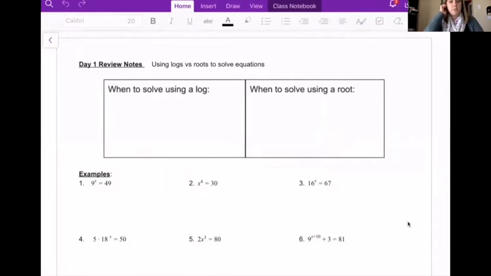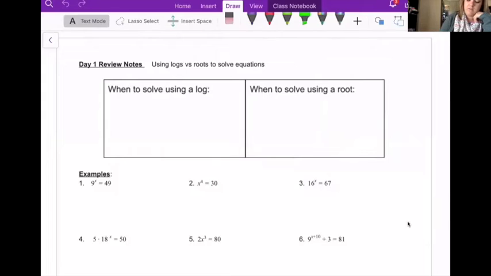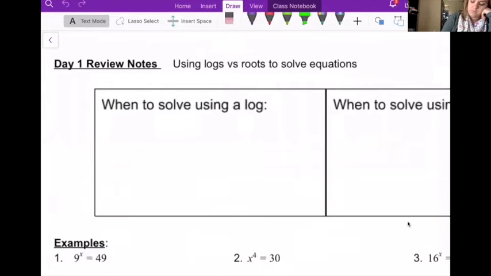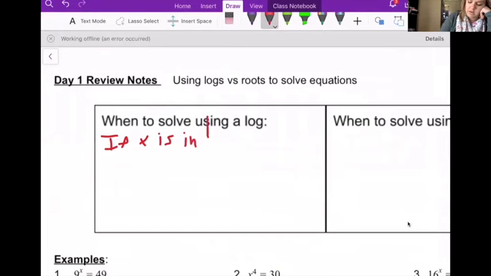Okay, so looking at the review, it's just a few things that we wanted to review with you guys: how to solve when using a logarithm and when to solve when using a root. So we solve using a logarithm if x is in the exponent.